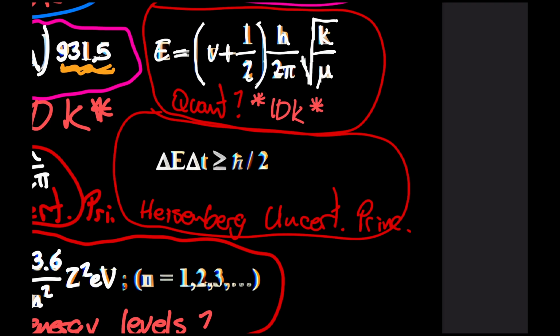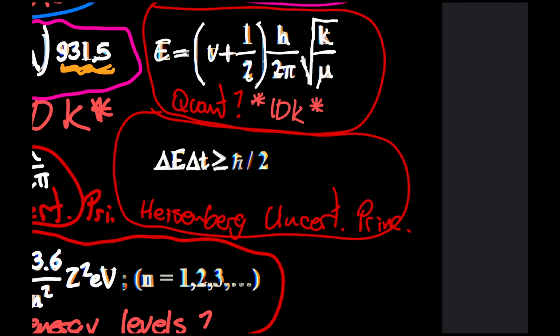The more you know a quantum particle's position, the less you're sure of its momentum. The more you know its momentum, the less you're sure of its position. Here, the more you're sure of a quantum particle's energy, the less you're sure of its time. I'm not sure what that means. And the more you're sure of its time, the less you're sure of its energy. That is the uncertainty inequality relationship in general.